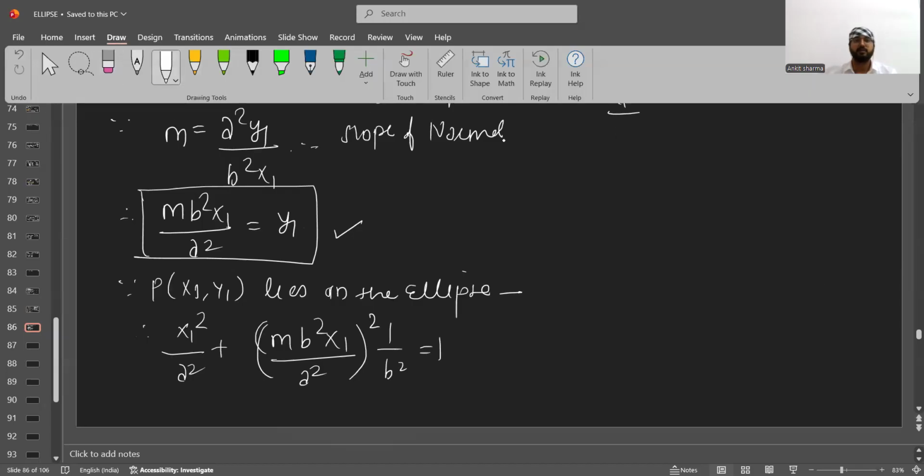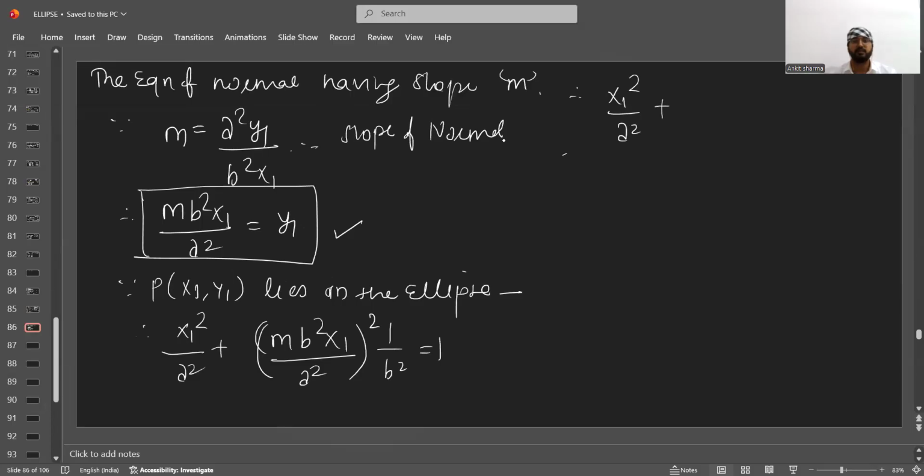So x1 square over a square plus m square b power 4 x1 square over a power 4 into b square is equal to 1. So from here I see that this b square gets cancelled.